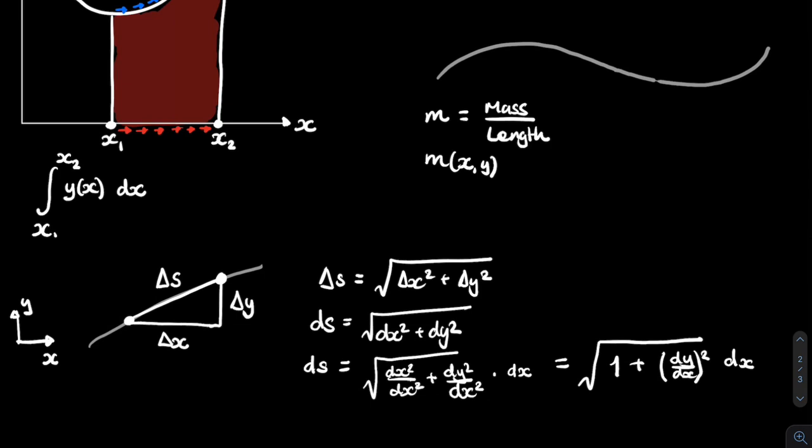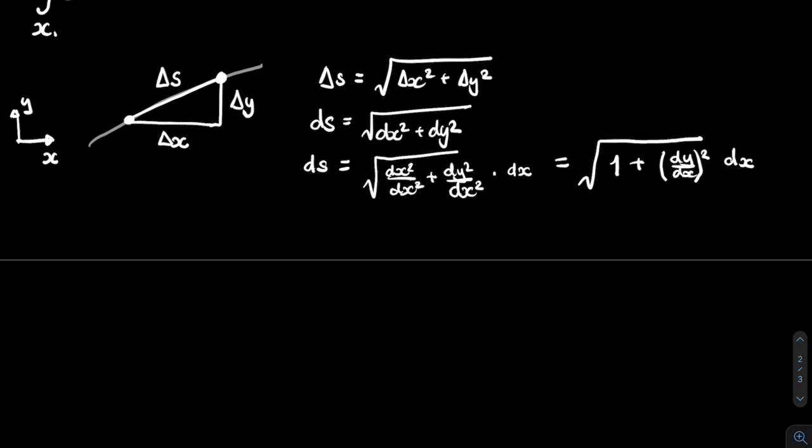We have ds in terms of dx, and we know how to evaluate dx because that's what we do normally. If we know y is a function of x, so we know the equation of this curve, then we can simply convert between a line integral and a normal type of integral that we are used to being able to solve.